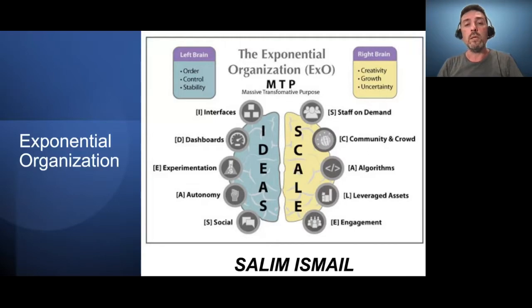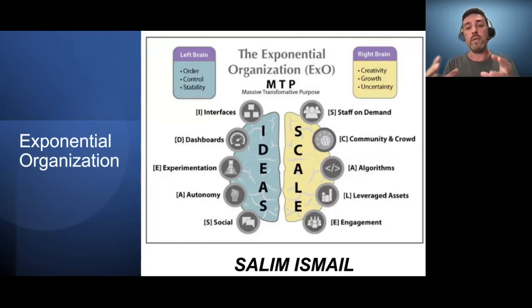It's not only the product itself, it's also the organization that will be managing, marketing, supporting and delivering that product. And an exponential organization is one that has these characteristics, right? It behaves like a brain with two sides. One is order, control, stability, the left brain, and the other one is creativity, growth, and uncertainty, the right brain.